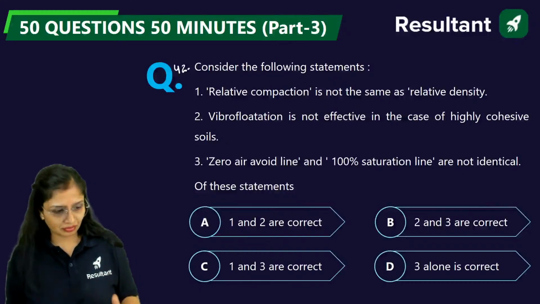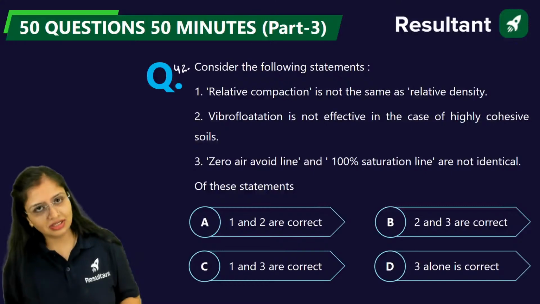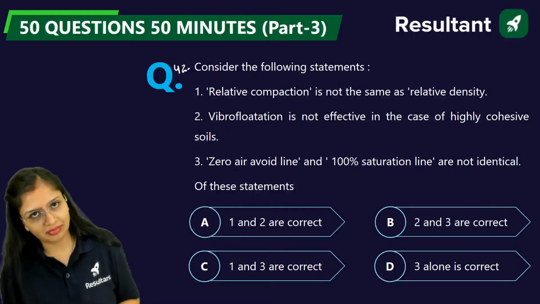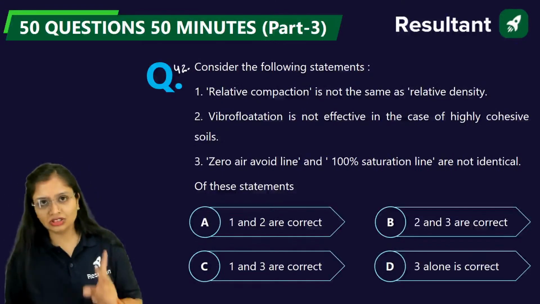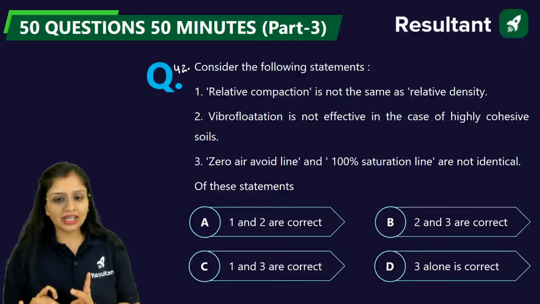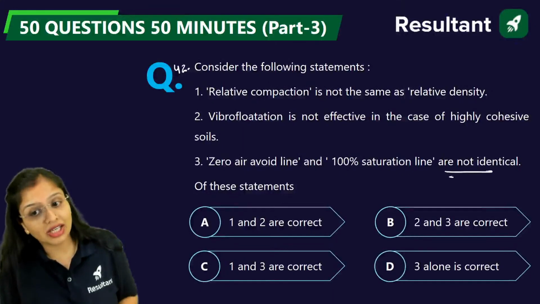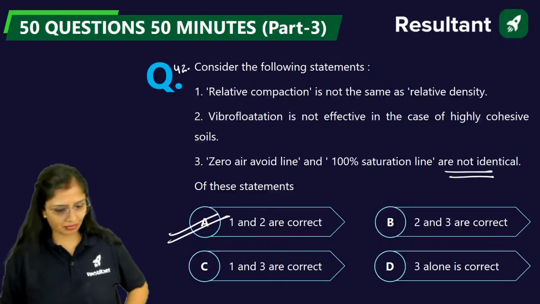Obviously, relative compaction and relative density are not the same. Vibroflotation, obviously you don't do it for cohesive soils, they're not at all effective. Zero air void line and 100% saturation line are identical, here it is written not identical, so it is incorrect. 1 and 2 are correct.